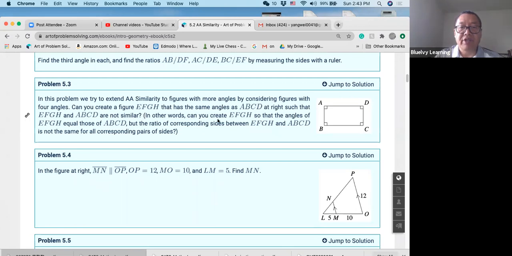In other words, can you create EFGH so that the angles of EFGH equal those of ABCD, but the ratio of the corresponding sides between EFGH and ABCD is not the same for all corresponding pairs of the sides? Everybody answer this question, yes or no?